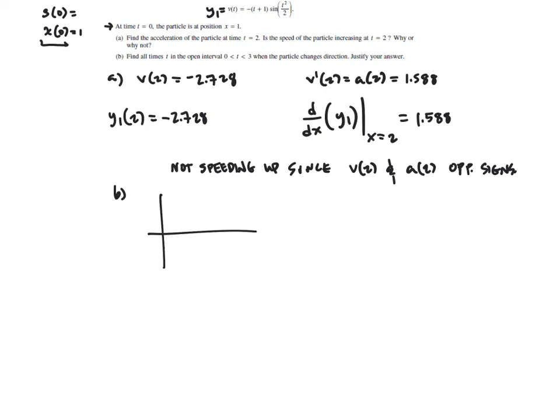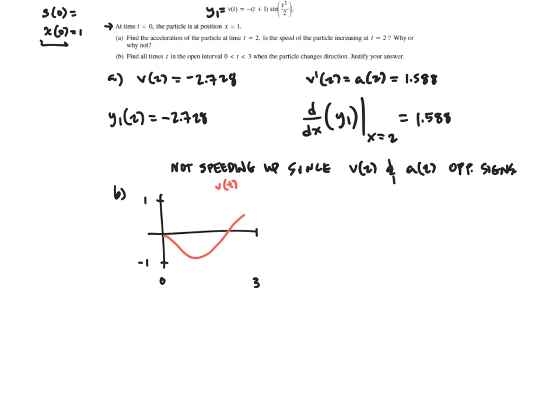How I would set my window is x min 0, x max 3, or maybe a little bit over. And then y min, I would go negative 1 up to positive 1, because all I really care about is the function crossing the t-axis. So when I graph it, my graph of v of t looks kind of like this.